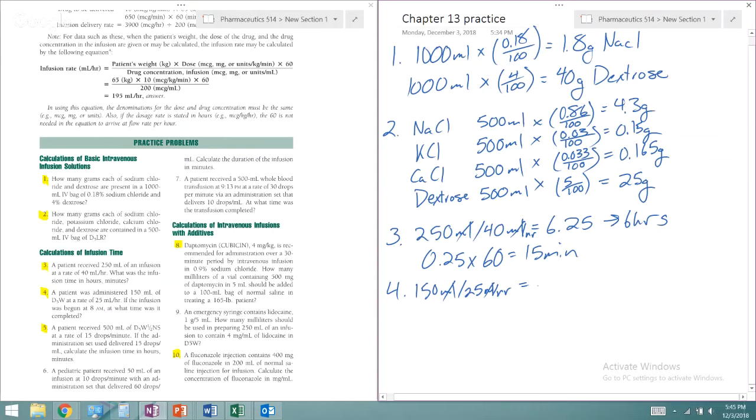So then you find that it is 6 hours. So if we started at 8 and then we went for 6 hours, it would be 2 o'clock. So that infusion would be done at 2 p.m.